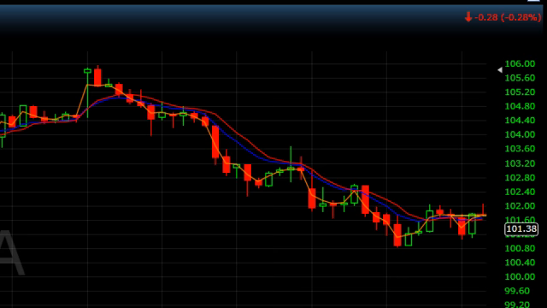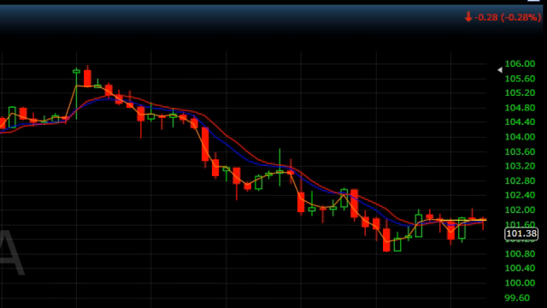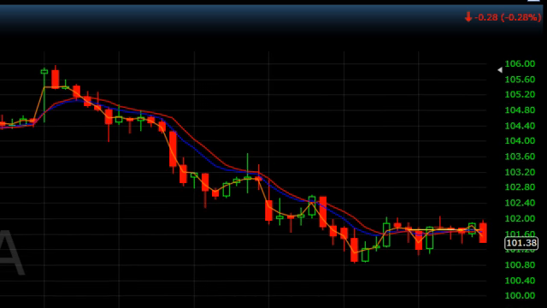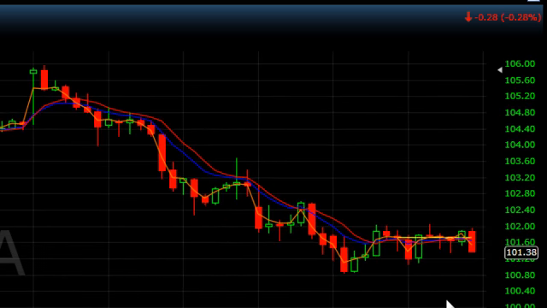Let's see what happens next. Okay, we went down a little bit more. Now we went up again, and the last bar of the day finished down. Now, if we had just held it, we could have made a little bit more profit. If we had gotten in at the open, just taking the payday trade date, we would have gotten in here.